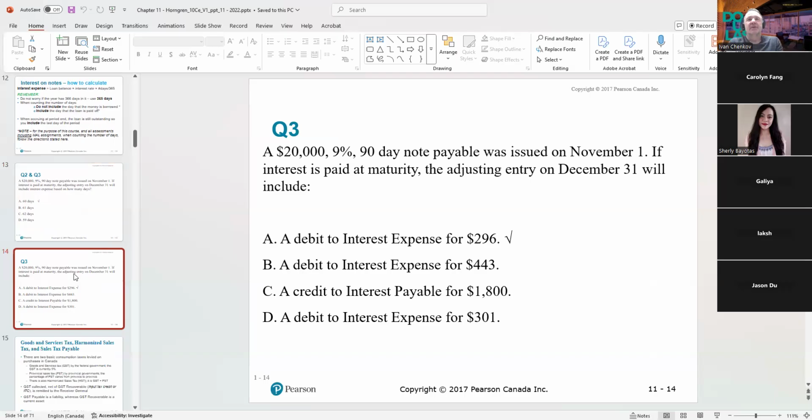So let's see the other question. Continuation, obviously. A $20,000, 9%, 90-day note payable was issued November 1st. If the interest is paid at maturity, what will be the adjusting entry on December 31st?